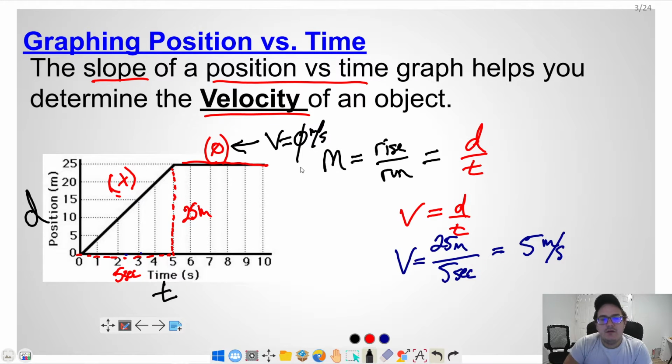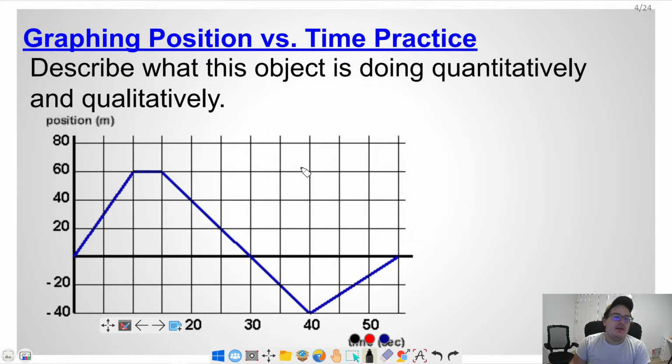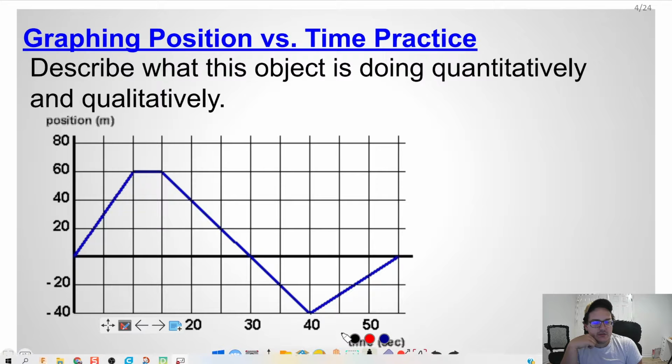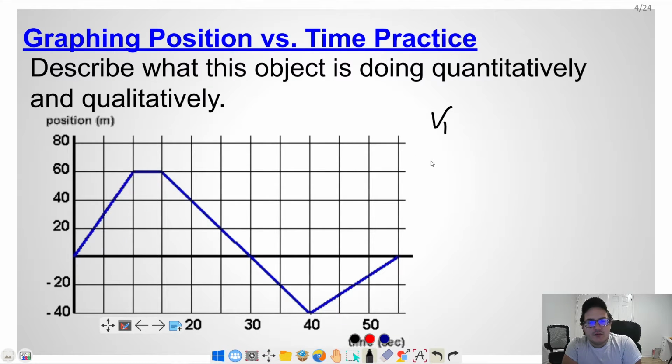Okay? So what I'm gonna do now is I'm gonna go to here, and I want you to calculate the velocity or the slope of this line at the 4 different spots. So I want you to legitimately try this on your own. We're gonna have velocity 1, velocity 2, velocity 3, and velocity 4.